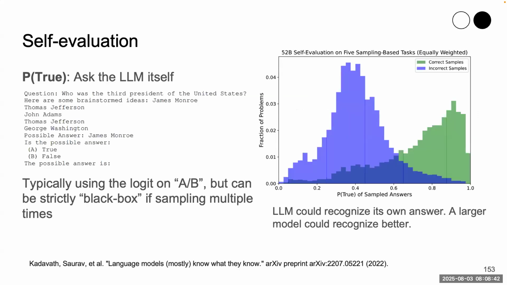And we already showed this figure before. This P(True) approach just asks a language model to estimate the probability that its answer is true or false. It's a binary classification, and you can use the logits on true or false as the probability. You can also use a strictly black-box setting where you just ask it multiple times.